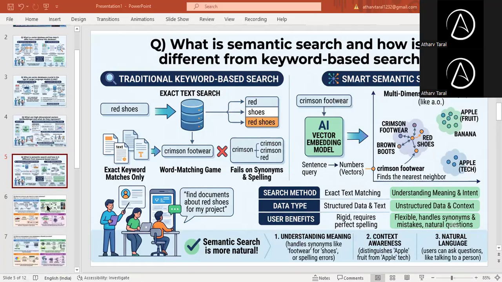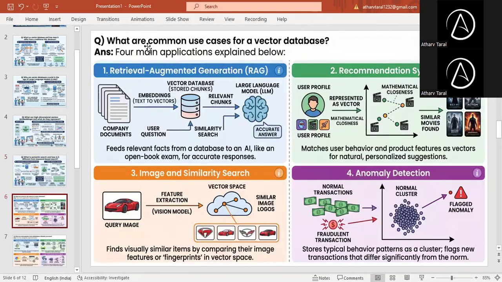We will cover the next question. What are the common use cases of vector databases? When we talk about vector databases, we are basically talking about how AI stores and finds information based on the meaning rather than just keywords.